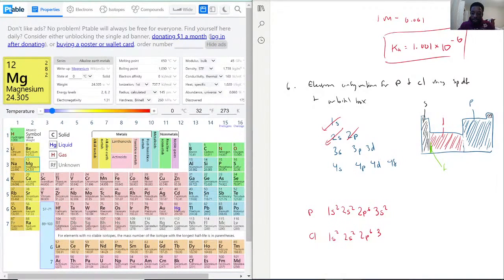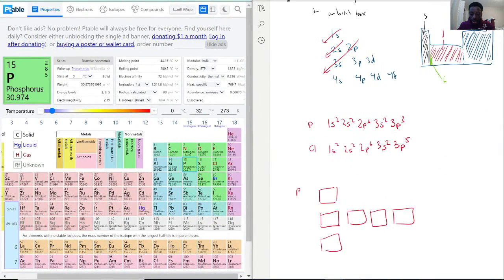And now we're at aluminum, silicon, phosphorus. So if we count it out, that's 3. So that's 3p3 for phosphorus, and chlorine is just 2 more ahead of that, 3p5. Okay, so these are the electron configurations using s, p, d, and f. And now for the orbital box for phosphorus, as I mentioned, s is 1, p is 3, and this one only went down to the third shell, because that's the 3rd row.